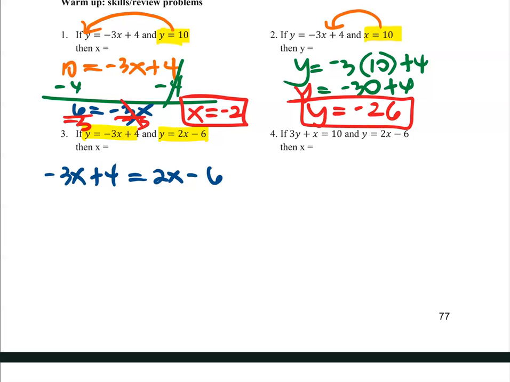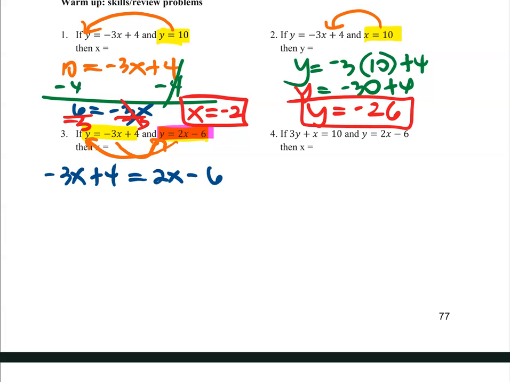Or if you think of it this way, since y equals 2x minus 6, you can plug that into the y here, or vice versa, and you will get negative 3x plus 4 equals 2x minus 6.